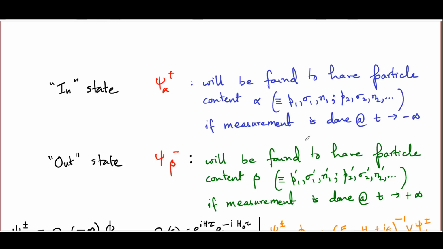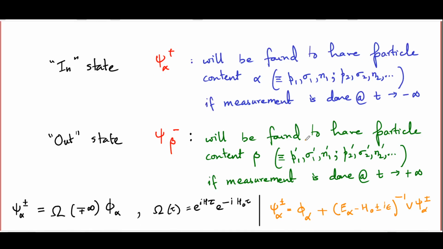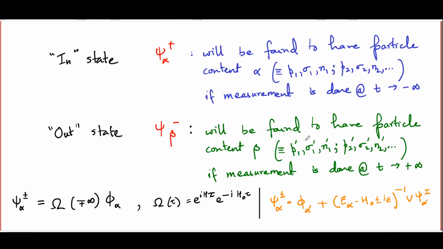In such a situation, we have shown that you can write down psi alpha plus or minus as the result of an operator omega at minus or plus infinity acting on the free particle state phi alpha. And here omega is a tau dependent operator. Omega of tau is e to the iH tau times e to the minus iH0 tau.